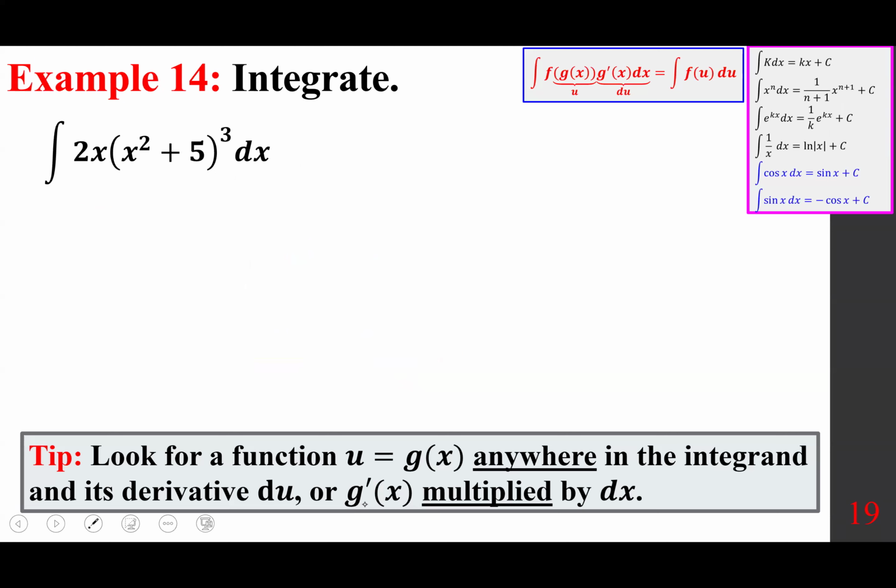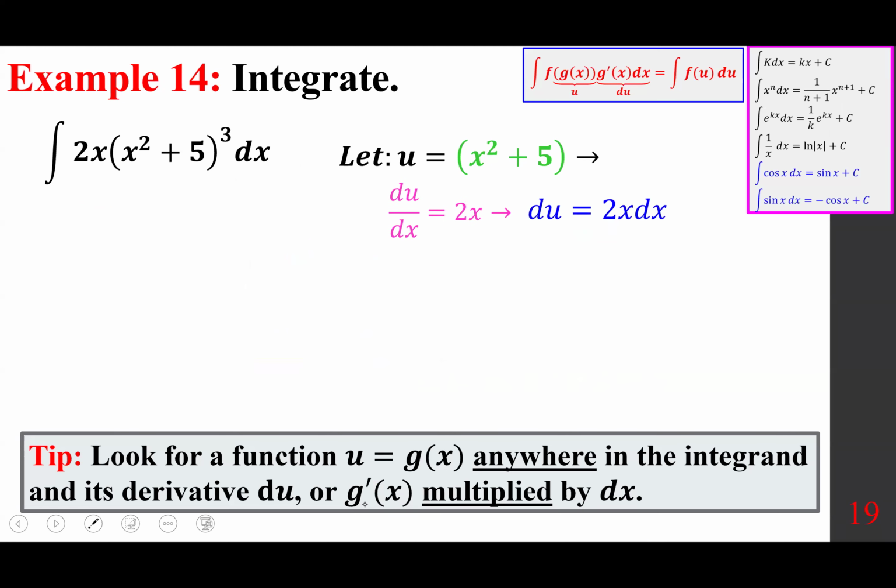When you are using substitution and you're dealing with polynomial functions, the more complicated one, in this case x squared plus 5, is the choice of u. As you know, its derivative, du/dx, is 2x, which makes du equal to 2x dx.